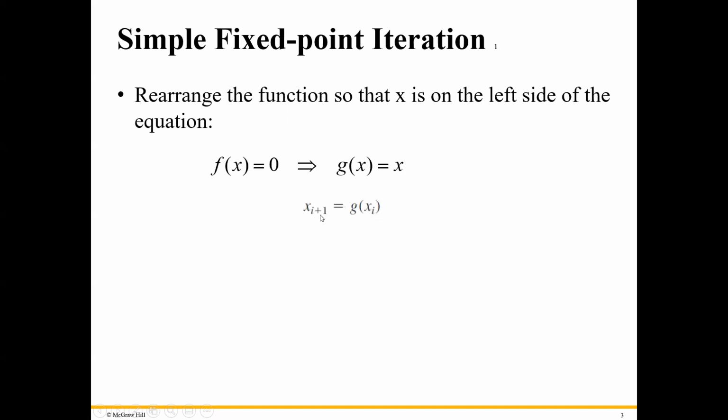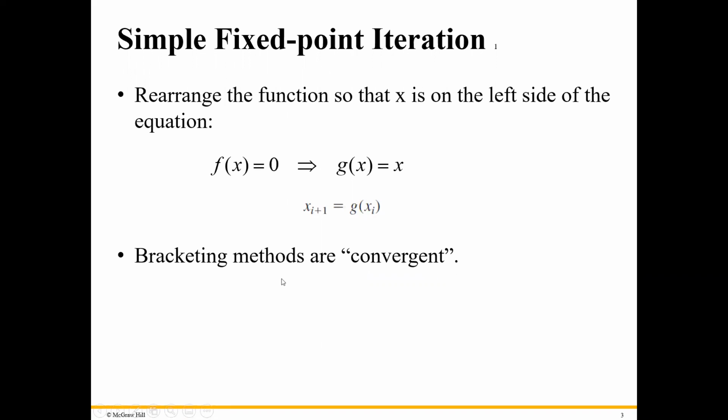So by some formulations, by some iterative methods, we can show that for the iteration purposes, the next iteration of x, that is x(i+1), can be found from the previous value of x when we input it into g. So this method is applied iteratively to find the root of the equation. Okay, so let's see it with the help of examples.